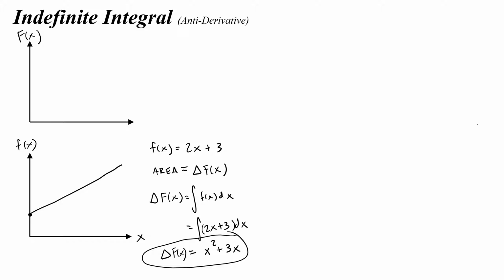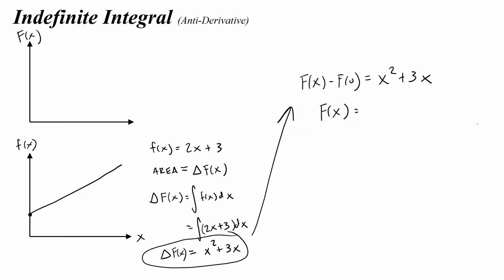Now remember that the way that we can write this, instead of delta, we can say F of x minus F of 0. Because basically what we're trying to say is adding the new function, capital F, when x is 0, reminds me that there is some unknown position, F of 0, that our new function, capital F, is going to start at, that I cannot know by anti-deriving.